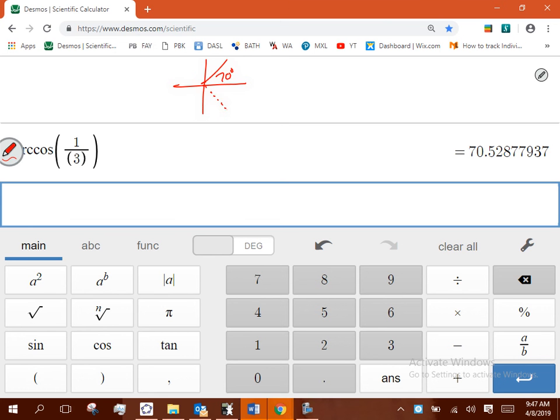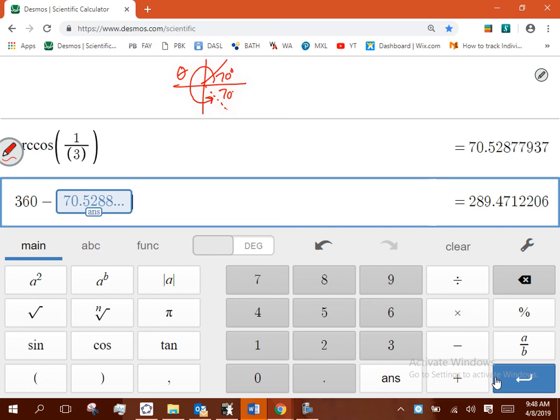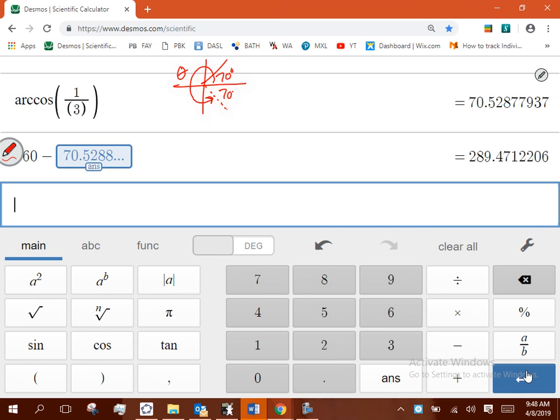But isn't there one down here as well? So that would be 70 degrees down there. But how do I get that angle right there? That's the theta we're interested in. Right, so 360 minus previous answer, 289.471, right?